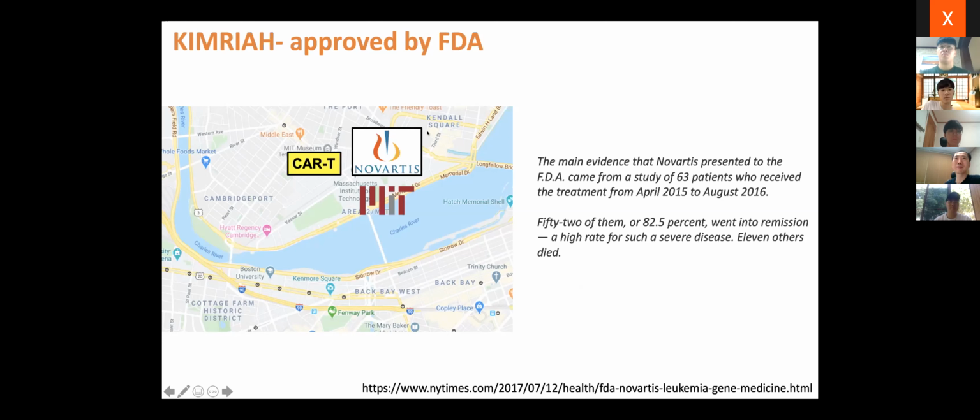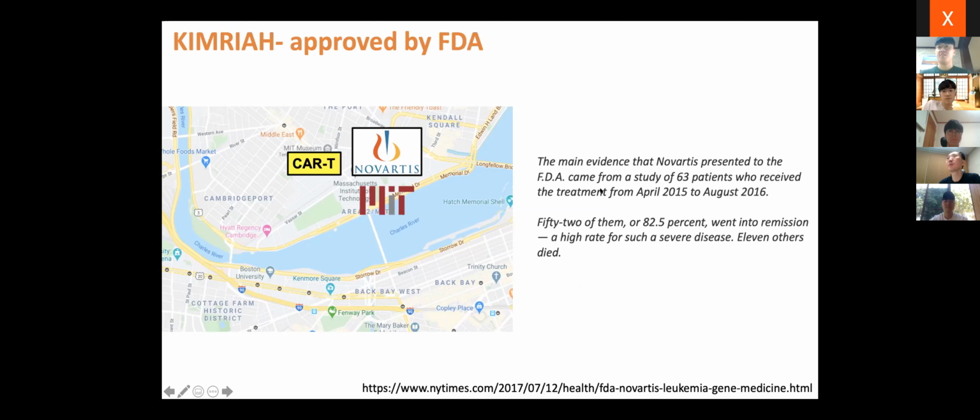This is the place where CAR T was developed. I also wanted to mention that Harvard is down here, and over here there's Merck, which is also a pharmaceutical giant. They develop PD-L1 drugs, which Young-Hoon talked about earlier.